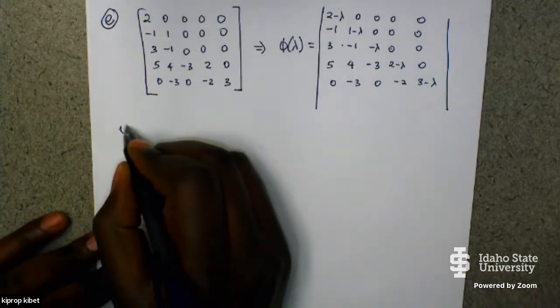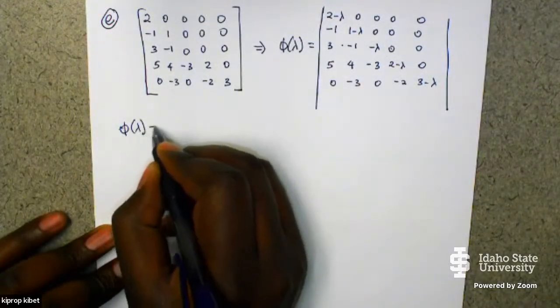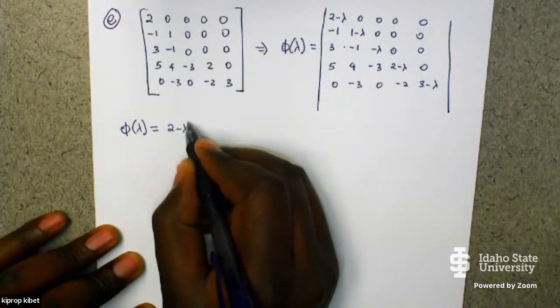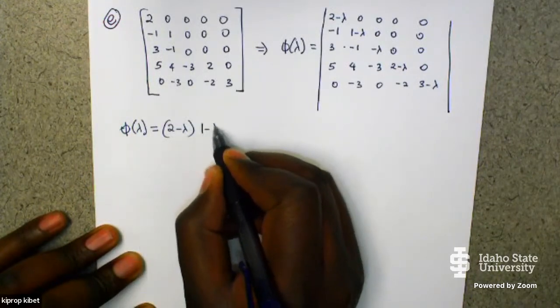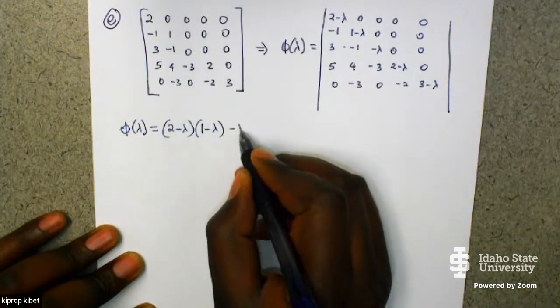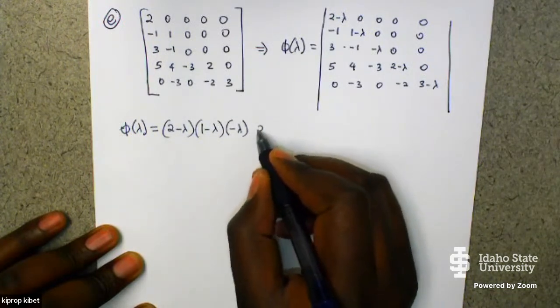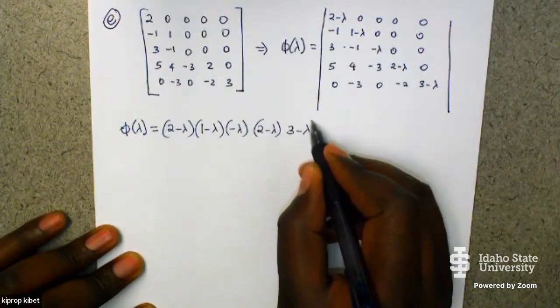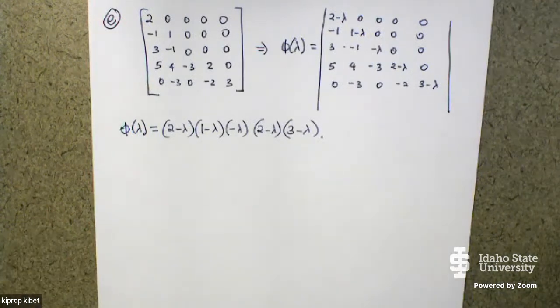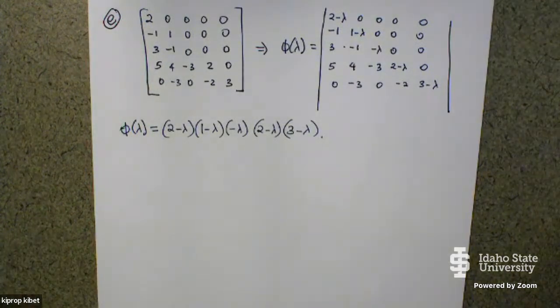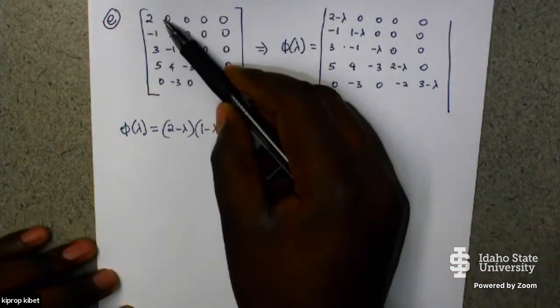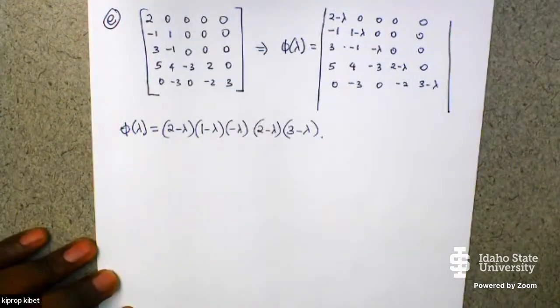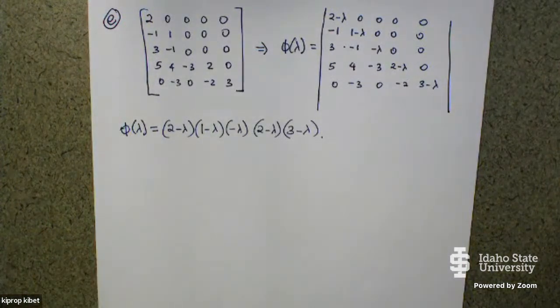So our characteristic polynomial will now be equal to 2 minus lambda, 1 minus lambda, minus lambda, 2 minus lambda, 3 minus lambda. Since this is a 1, 2, 3, 4, 5, this is our 5 by 5 matrix.